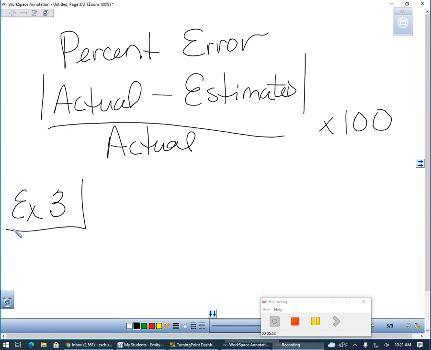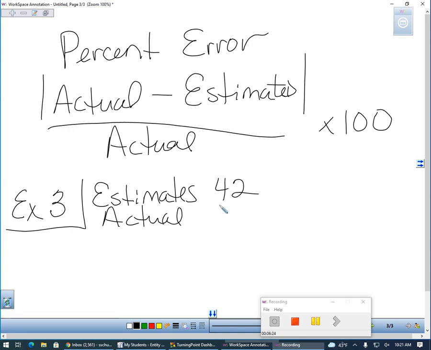So we're going to say that at the fair, this guy is guessing that he estimates my age to be 42. My actual age is 52. Yeah, really. Find percent error.